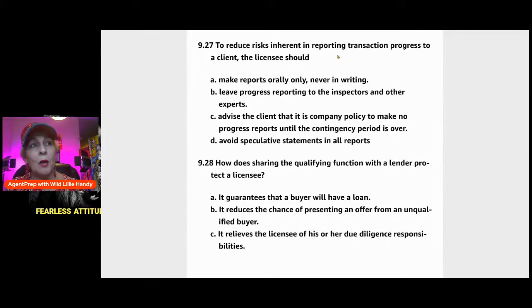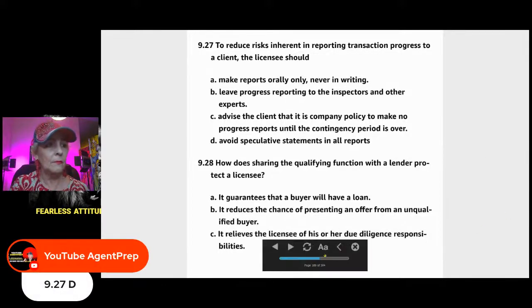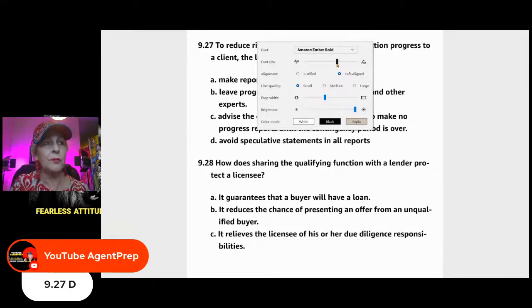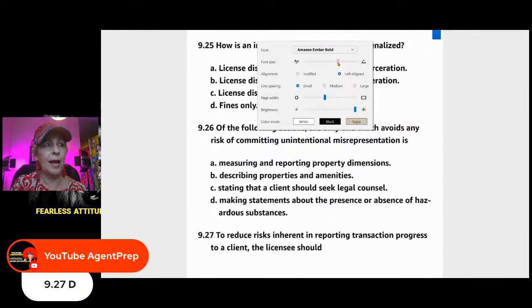However, for transaction progress to a client, the licensee should avoid speculative statements in all reports. So we don't speculate. We get down to the nitty gritty, to the root of the problem, find out the details from reports, call the inspectors, call the surveyors, call whoever we need to get the exact detail, or have those vendors contact the client. We just don't say, well, I think, I believe, or I feel. No, we need to state facts, right?